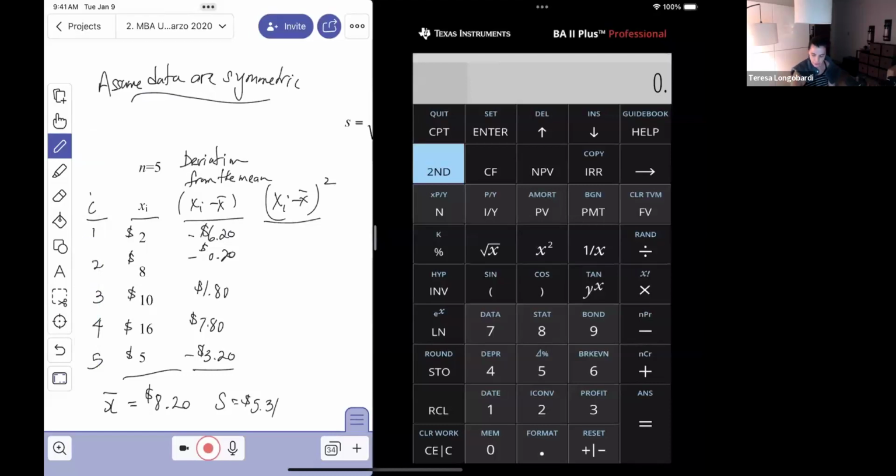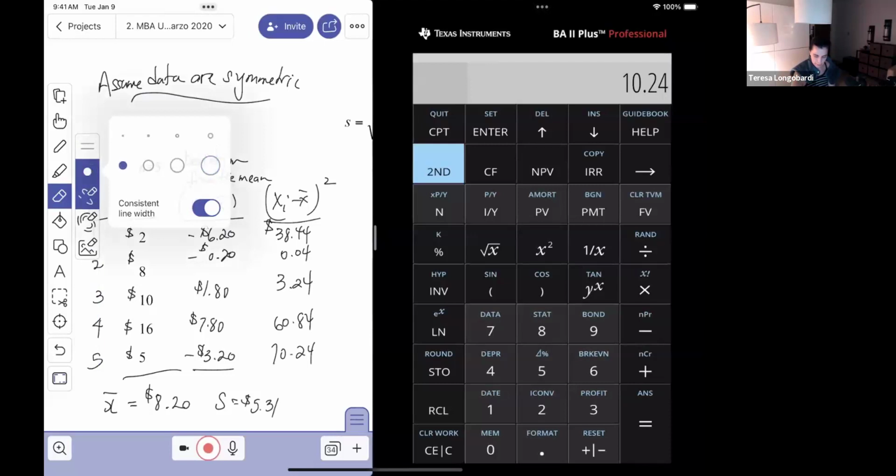So I have to square all these values. 6.2 squared is 38.44. 0.2 squared is 0.04. 1.8 squared is 3.24. 7.8 squared is 60.84. And 3.2 squared is 10.24. I don't care about the sign because I'm squaring, the sign disappears.